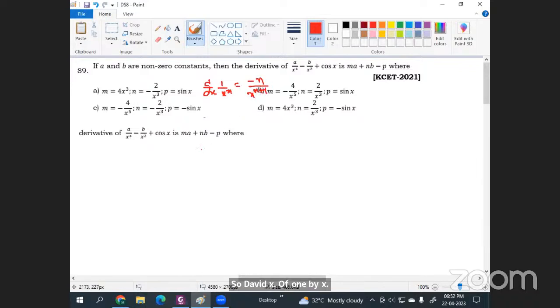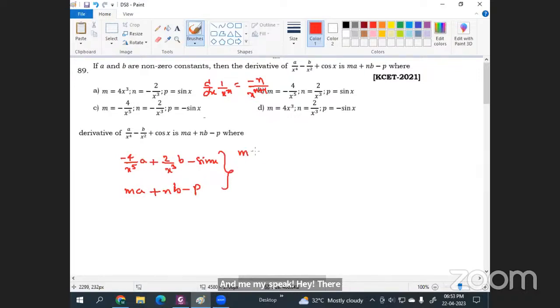Now I'll go for here. A by x power 4 gives minus 4 by x power 5 into A, plus 2 by x cube B minus sin x, equal to MA plus NB minus P. Right?